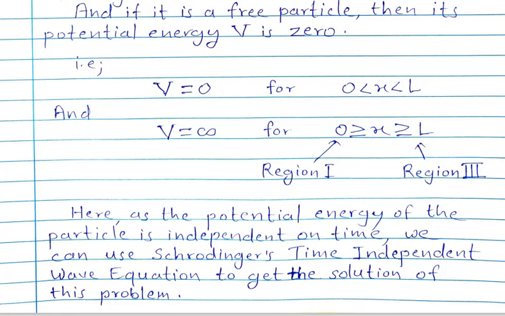Here, the potential energy V will be 0 inside the box, for which the value of x lies between 0 and L, and the potential will be infinite at the walls as well as outside the walls, in region 1 and region 3, for which the values of x are either equal to or smaller than 0, or equal to or greater than L.